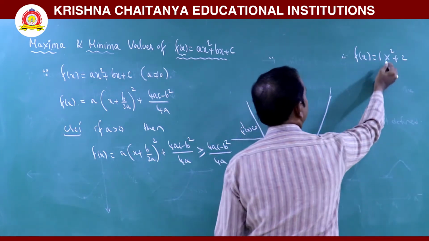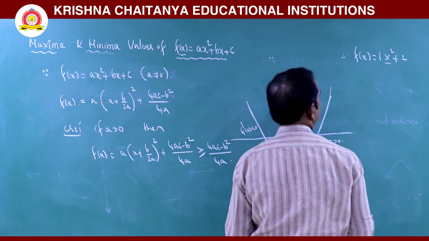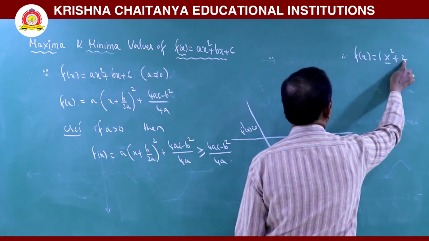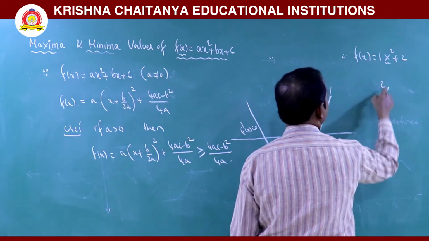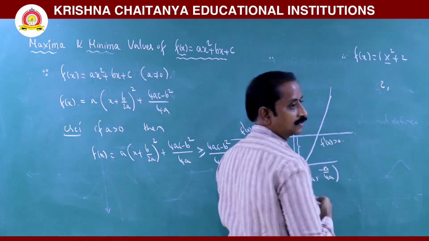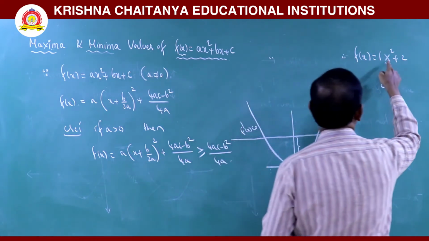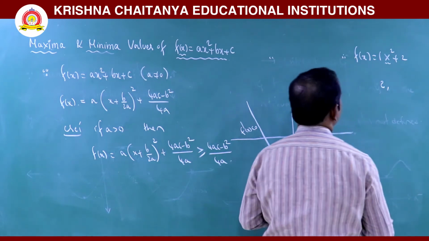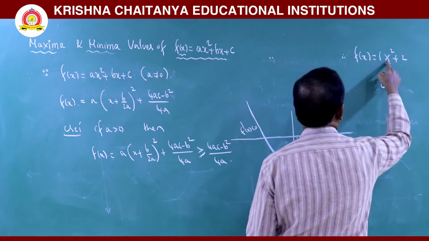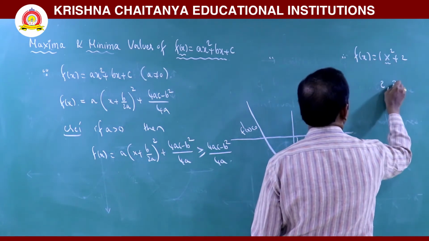At X equal to 0, the function value should be a minimum of 2. If X is equal to 1, it becomes 3.